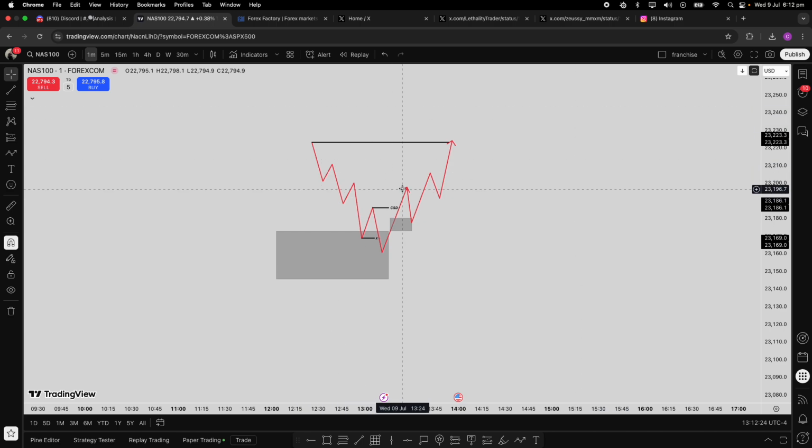Now, when we're here, and we close above this high, out of this higher time frame PDRA, we expect price to come down into this gap to fill us, right?